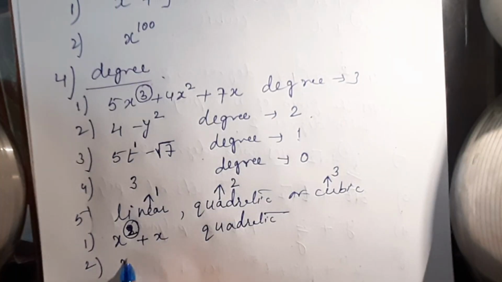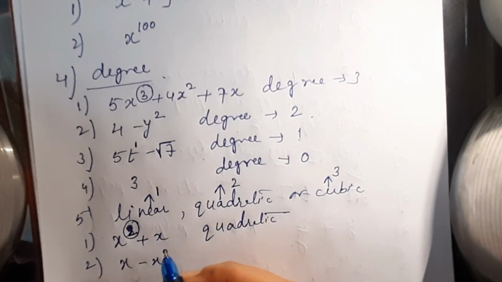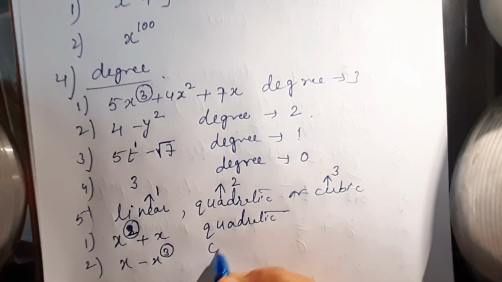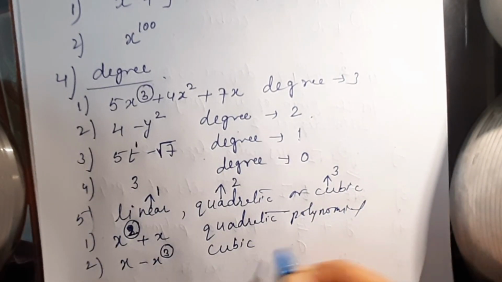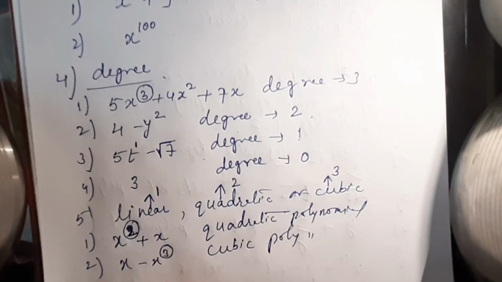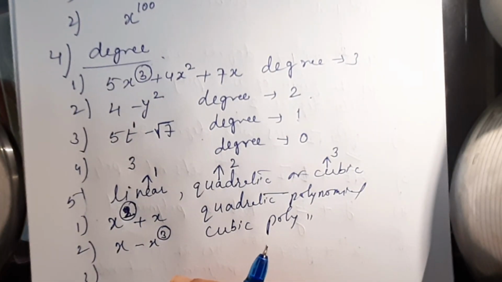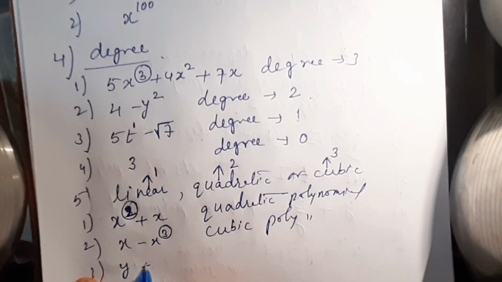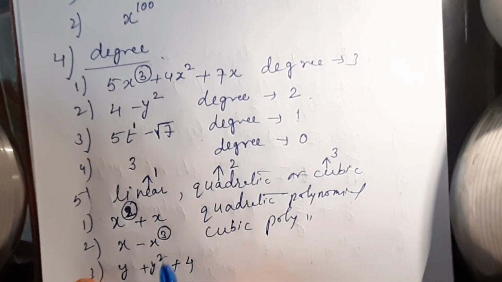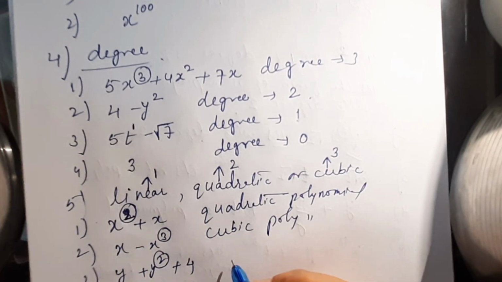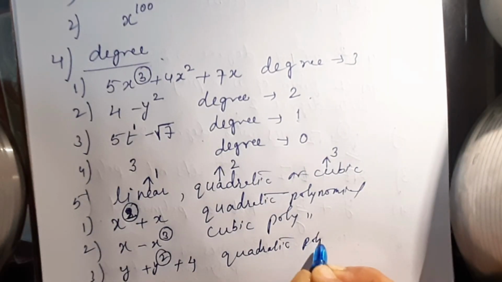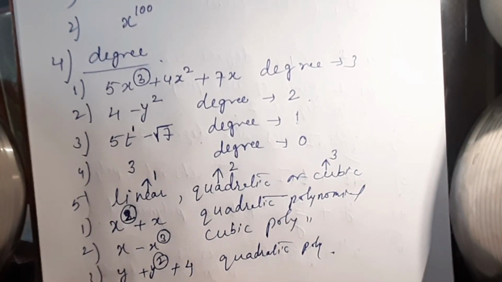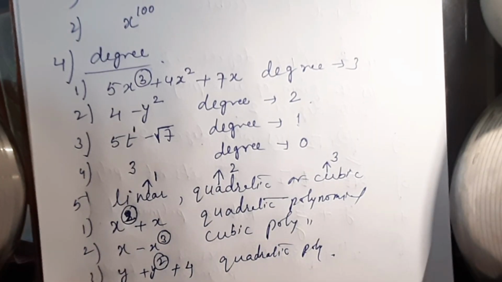Second question, it's given x minus x cube. Here degree is 3. Thus it is a cubic polynomial. Now third question, it's given y plus y square plus 4. Again the highest degree is 2. So it is a quadratic polynomial. Fourth question, 1 plus x.